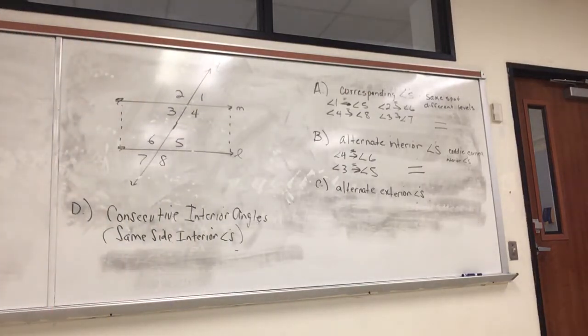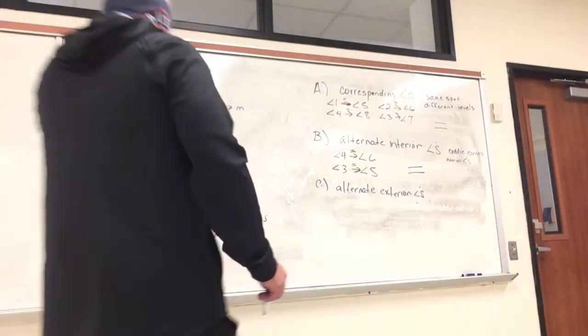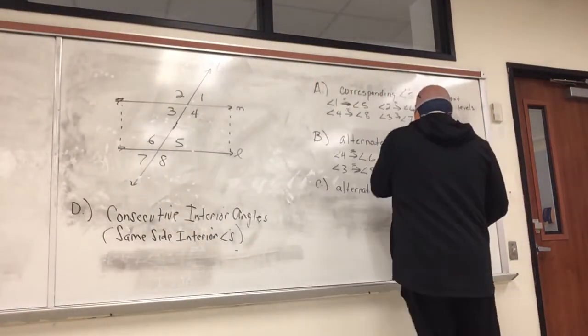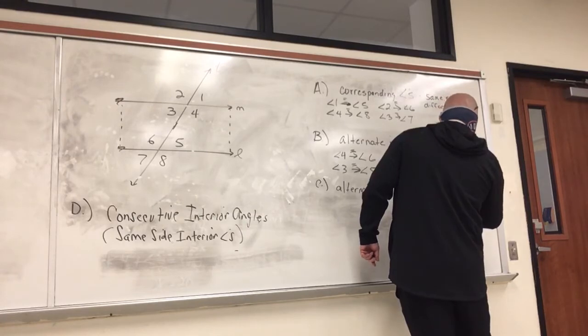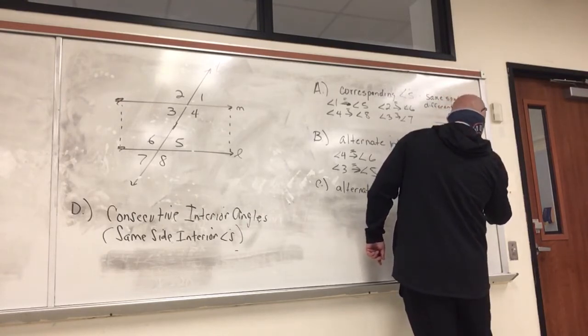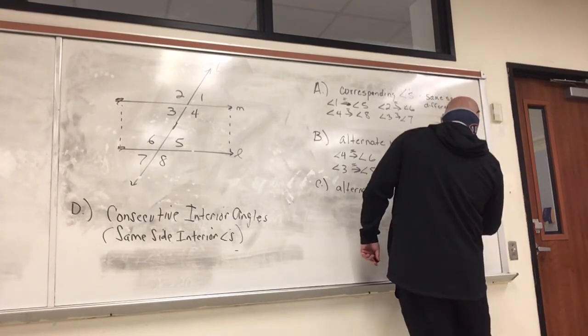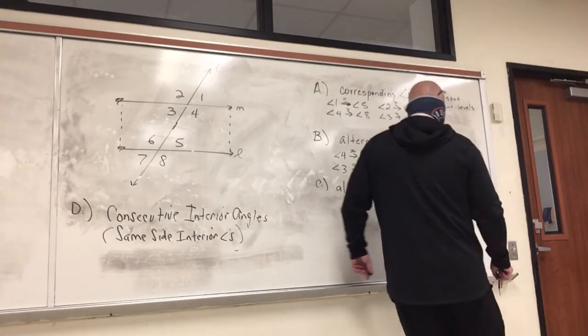Then we have alternate exterior angles, and these are caddy corner angles that are located on the outside. So it should be like 2 and 1 is 7. That's good. Caddy corner exterior angles. And they both equal.